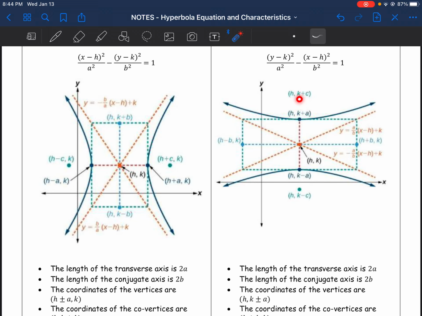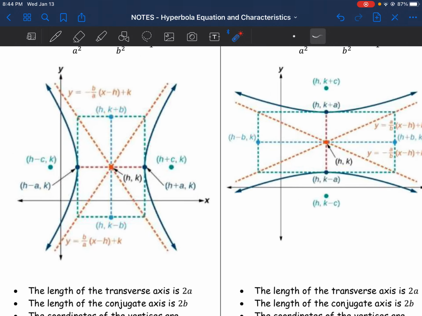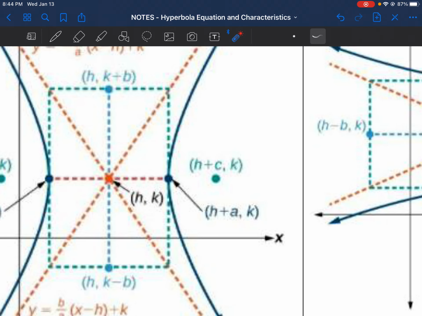For a hyperbola that opens up or down, here's the foci. But the C term is still the distance from the center to that focus, regardless of the kind of hyperbola you're working with. But notice that this time, the C term is bigger than the A term. With ellipses, the C term was always smaller than the A term. But with a hyperbola, the C term is always going to be larger than the A term.